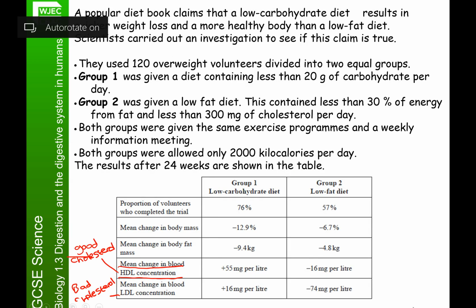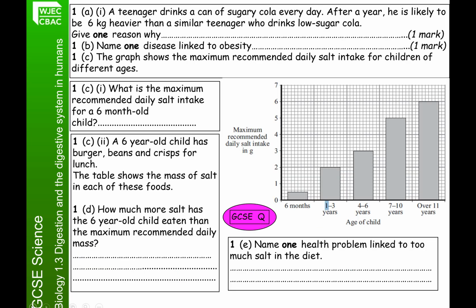Okay, we're now going to have a look at the answers to these questions. If we start with this page, a teenager drinks a can of sugary cola every day. After a year, he is likely to be 6 kilograms heavier than a similar teenager who drinks low sugar cola. Give one reason why.